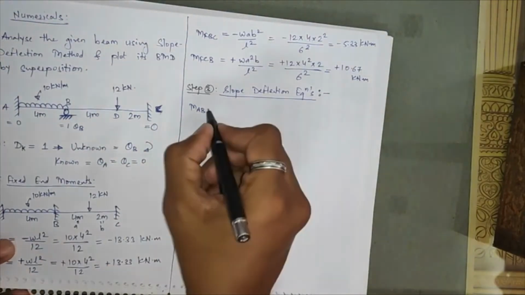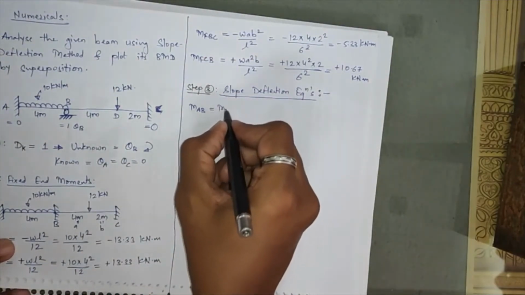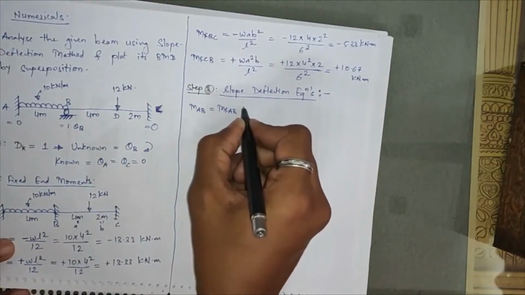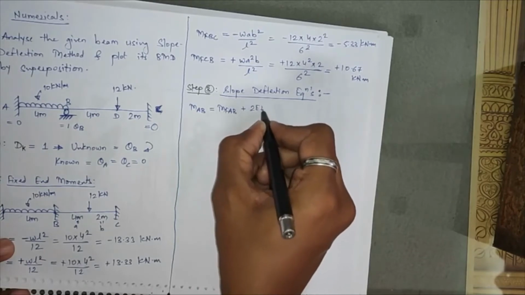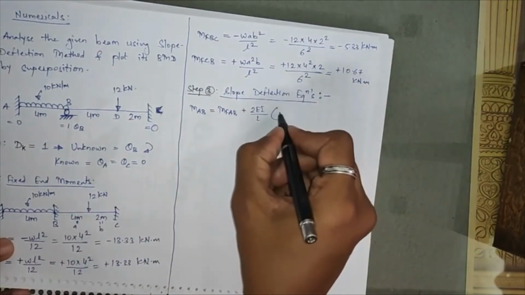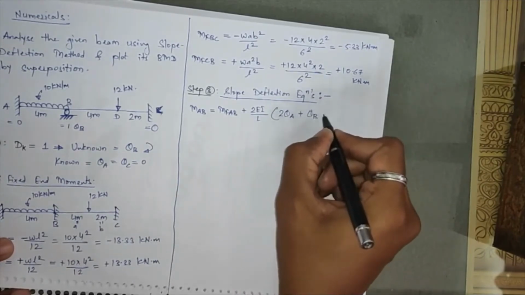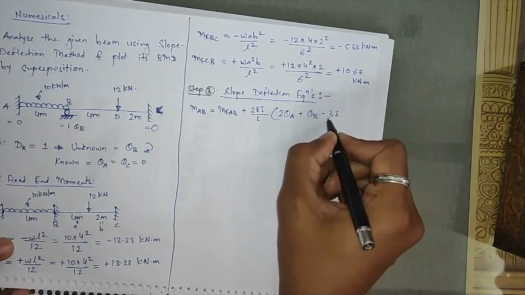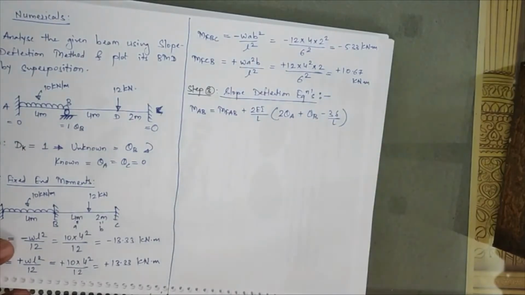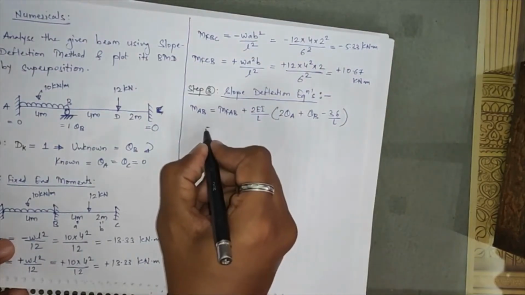Okay, so what is our basic slope deflection equation? MAB is equal to MFAB plus 2EI divided by L into bracket 2 theta A plus theta B minus 3 times delta divided by L. Initially what we will do, we'll consider here negative sign over there. Okay, so we'll substitute the values over there.